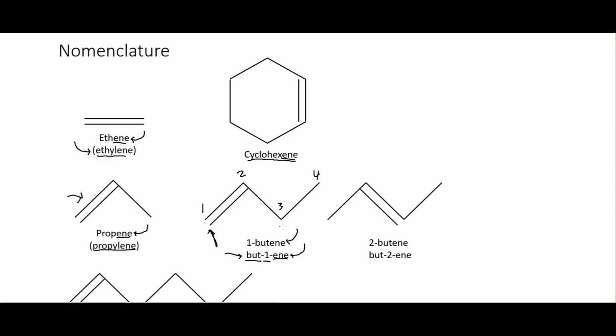But then we can also see here we have 2-butene or but-2-ene. And so again we have 1, 2, 3, 4. Here it doesn't matter which direction we start counting from, because it will always end up on the 2. But the double bonds always get priority here, so you'd start counting from the carbon with the double bond there.